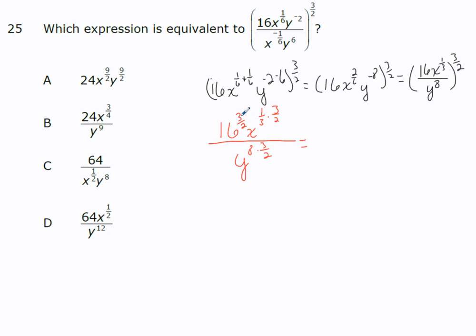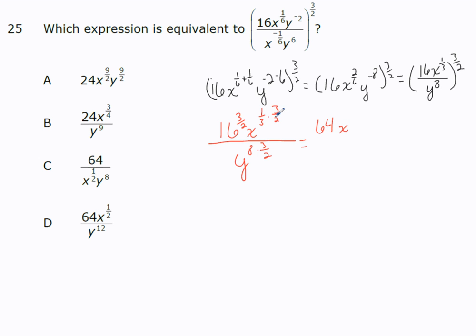The top number is your exponent, and the bottom number is your index whenever dealing with rational exponents. So this is the same thing as the square root of 16 raised to the 3rd power. The square root of 16 is 4. 4 raised to the 3rd power is 64.